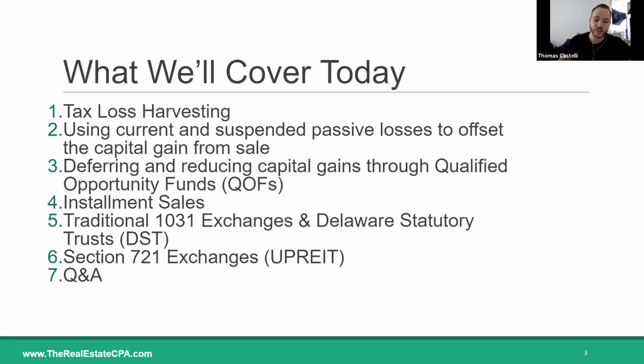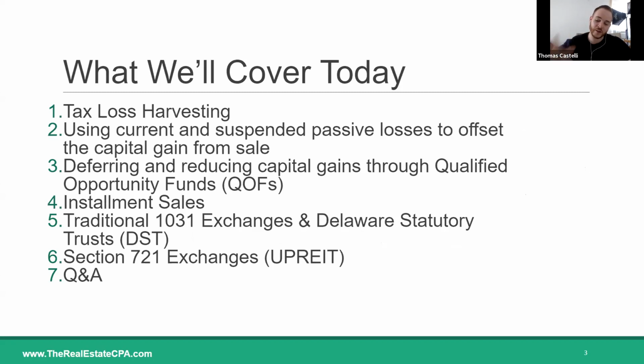So let's take a look at what we're going to cover today. We're going to cover 6 strategies: tax loss harvesting, using current and suspended passive losses to offset the capital gain from sale, deferring and reducing capital gains through qualified opportunity funds, installment sales, traditional 1031 exchanges and Delaware statutory trusts, and Section 721 exchanges, UPREIT transactions.